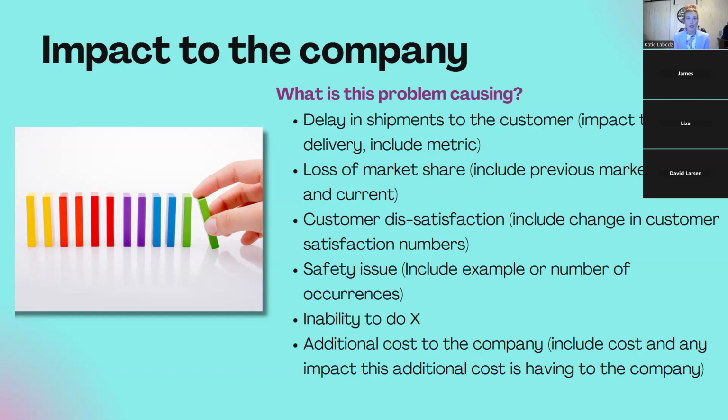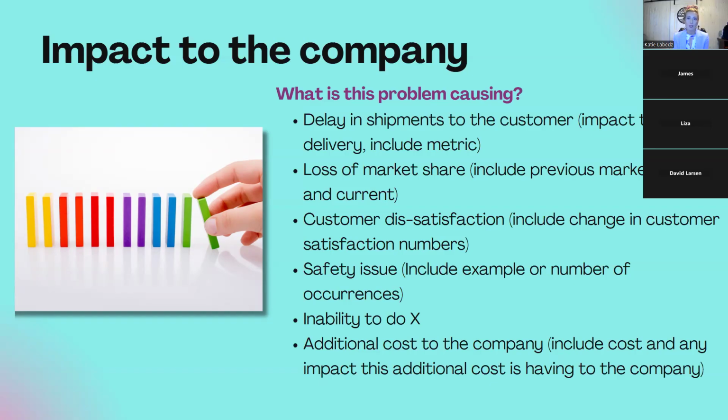The problem could be causing loss of market share. So you want to include the previous market share and current. It could be causing customer dissatisfaction. So maybe you do a net promoter score and you notice that this problem is causing a lower net promoter score.